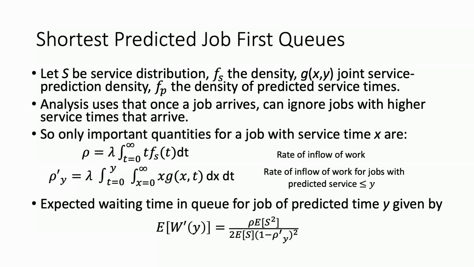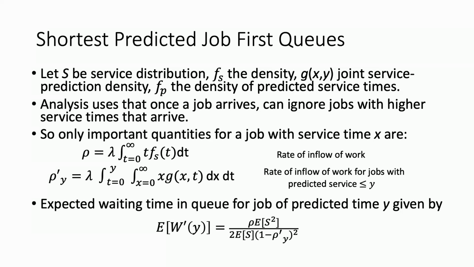I was a bit surprised, because I would have thought someone had already asked what you do for predicted service times, but it was one of those fortunate things that no one had written it down. So I went back and figured out how to modify these arguments. Now, instead of one-dimensional integrals for these quantities, you have two-dimensional integrals.